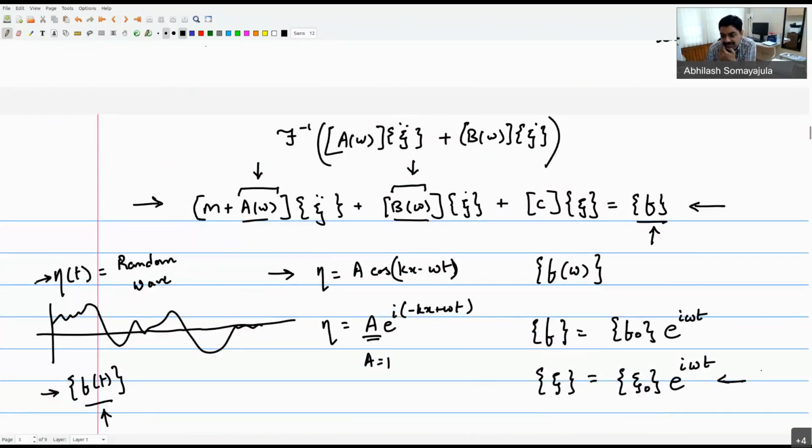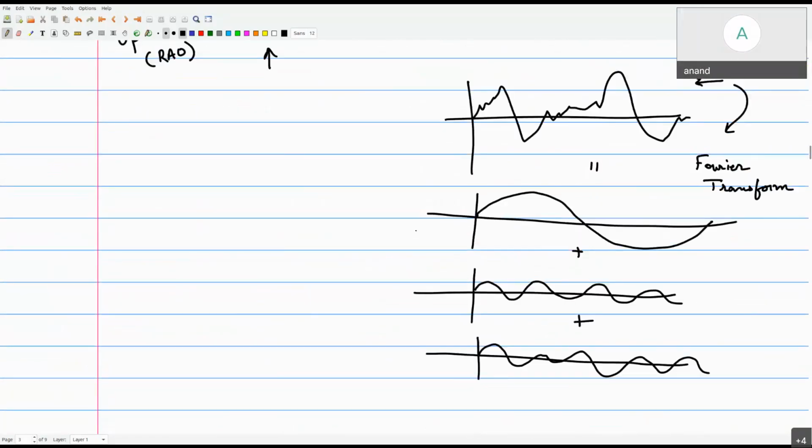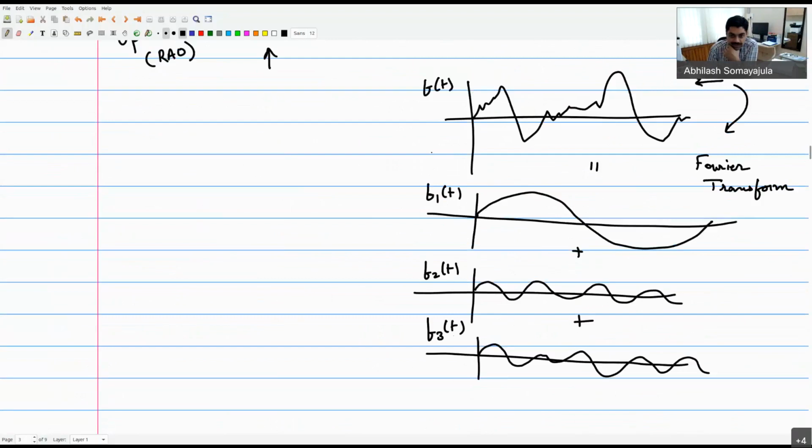As long as the system is linear. Now, therefore, let's say that this is my f of t, and this is f1 of t, f2 of t, f3 of t. So f of t is equal to f1 plus f2 plus f3.